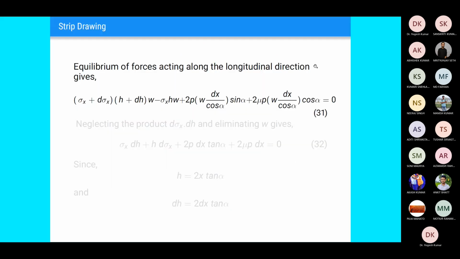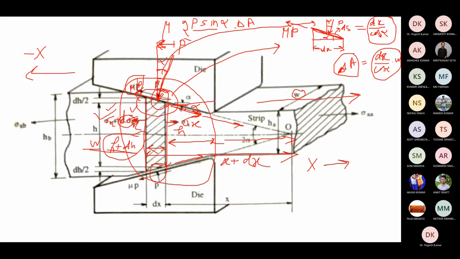So this is how this term has come, 2P sine alpha into dx upon cos alpha into w. This component has come because of the pressure P, which is applied on the metal strip.